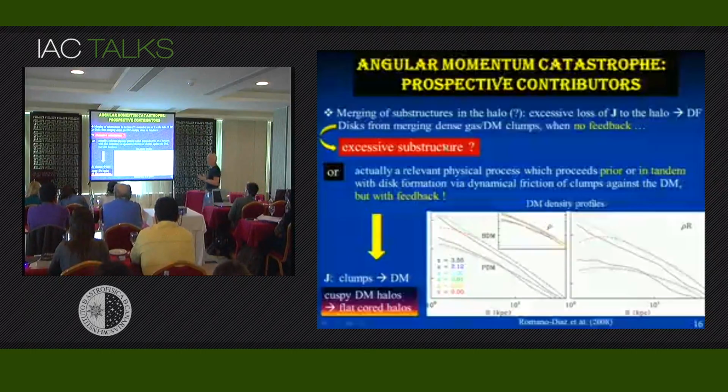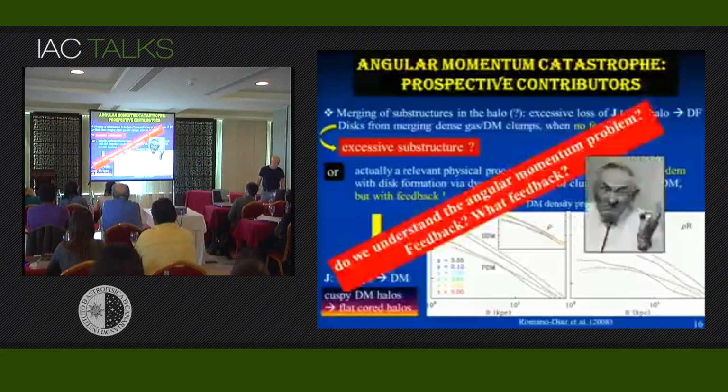Okay, so my point is simply that excessive substructure may actually be needed in order to solve the problem of the cuspy NFW profiles. Maybe not, but it's not clear that one should immediately eliminate it.